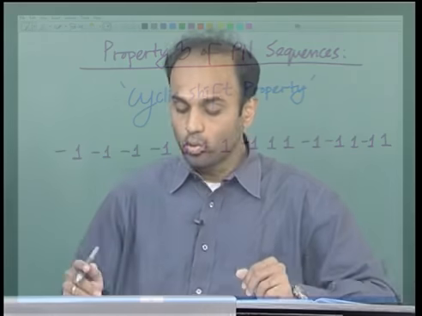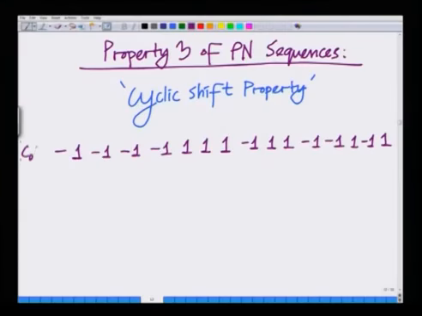Now, let me call this code C0 of n. Alright, this is the code C0 of n.